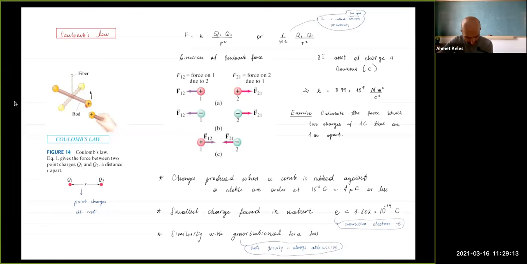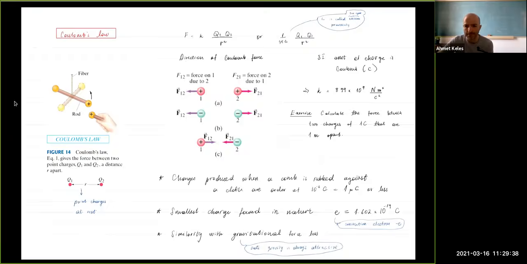Actually, another reason also is gravitational force is actually much smaller than electric force. That's why I actually want you to calculate this one. If you calculate a quantity like this, you will see there is no way we get any gravitational force that's comparable to electric force. That's also another reason.